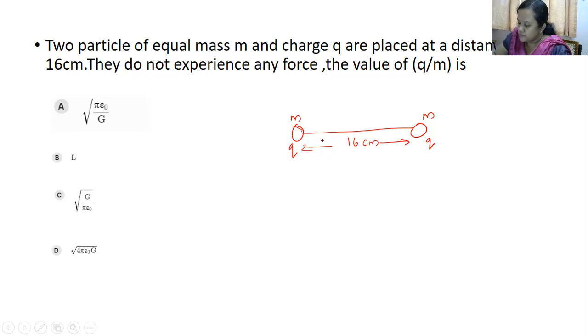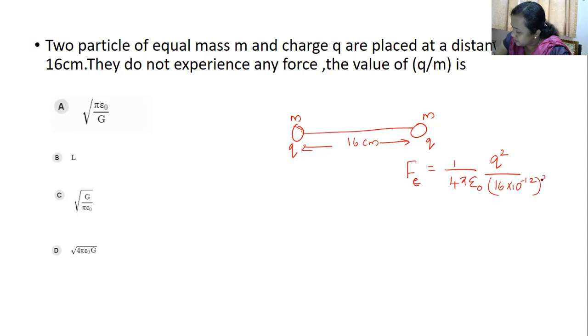So the Coulomb force between these two charges is F Coulomb, and that is equal to 1 by 4 pi epsilon 0 into q square divided by the distance between them, that is 16 into 10 raised to minus 2, because we are converting centimeter into meter.